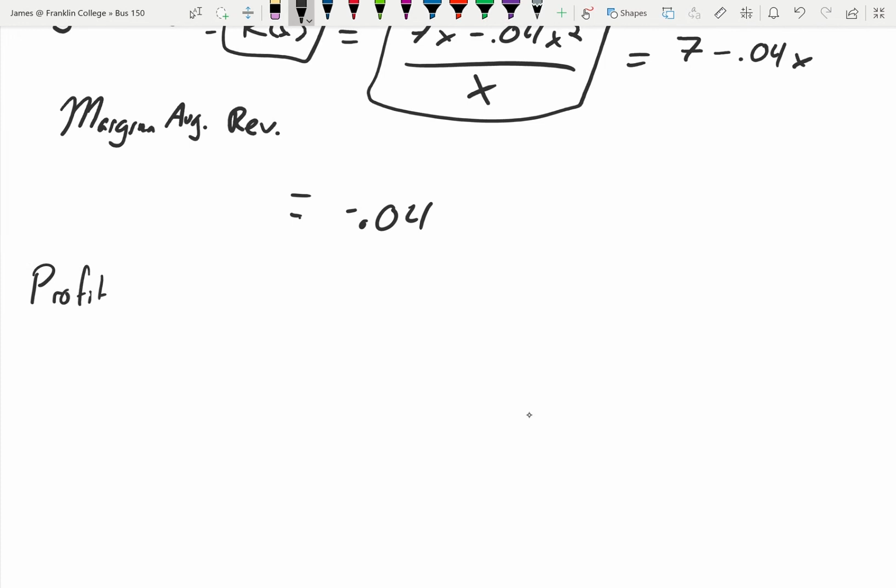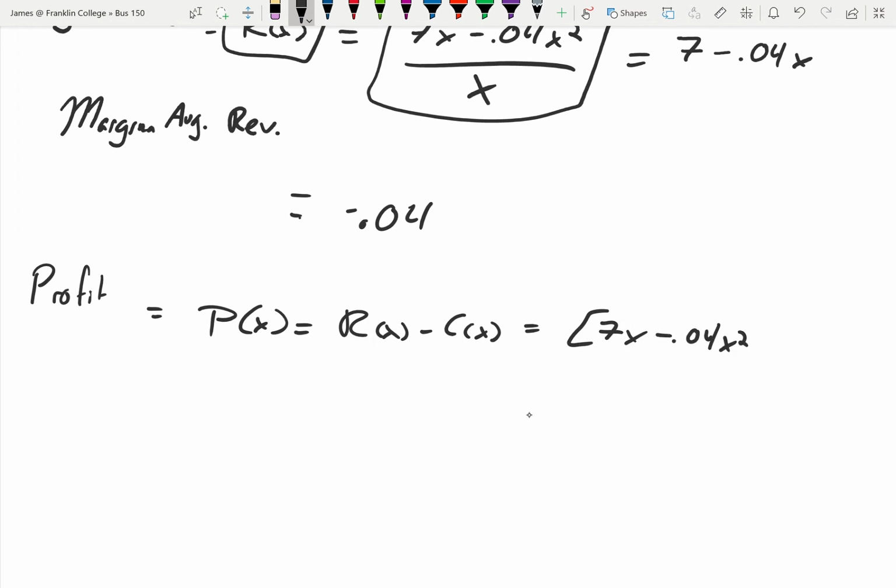Now we can talk about the profit per unit. Or let's talk about the profit function, which would just be P of x, which equals the revenue of x minus the cost of x. So in our case, that's going to be 7x minus 0.04x squared minus (100 plus 2x).